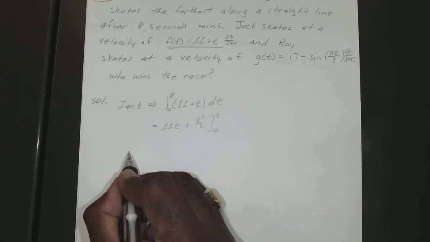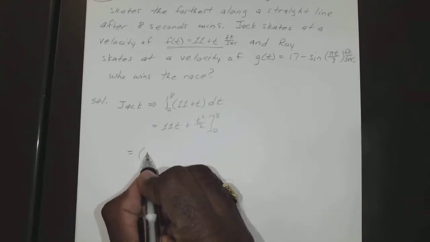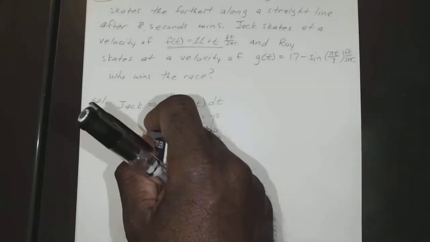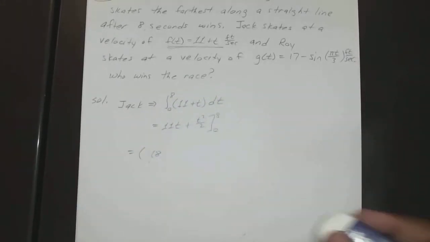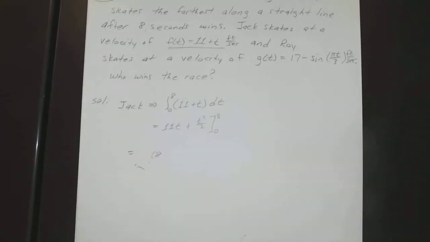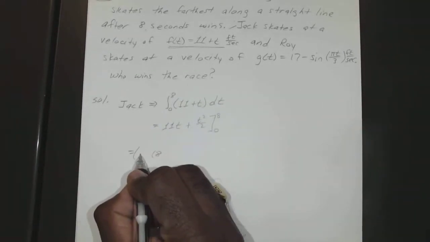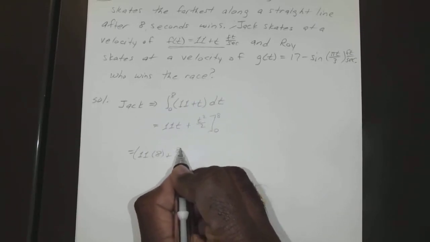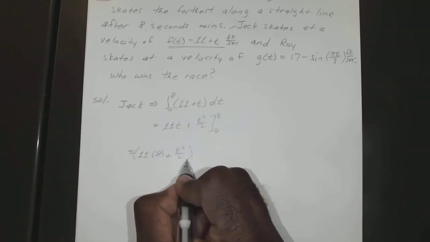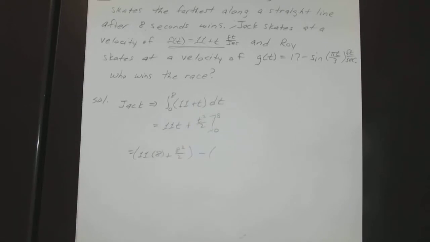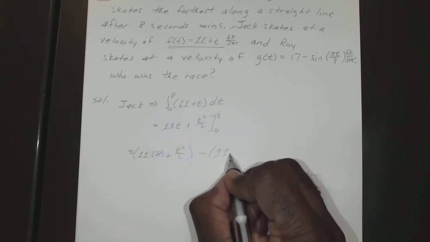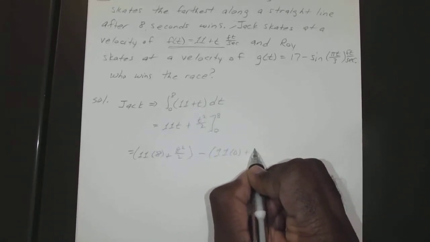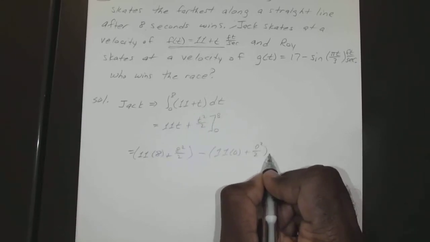If we plug in our 8, we have 11 times 8 plus 8 squared over 2, minus, now we plug in our 0, which is just 11 times 0 plus 0 squared over 2.